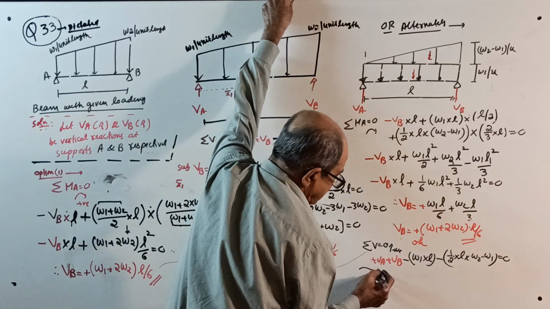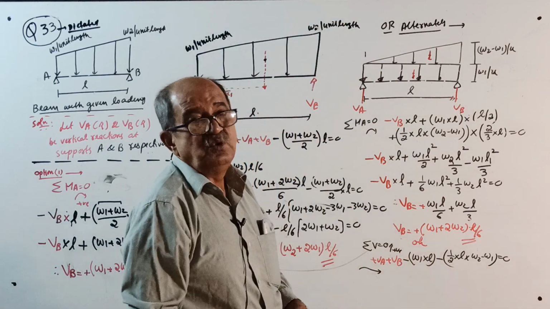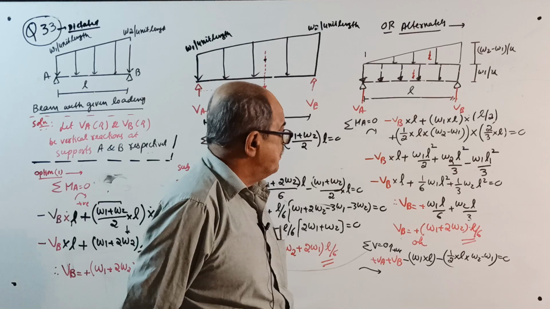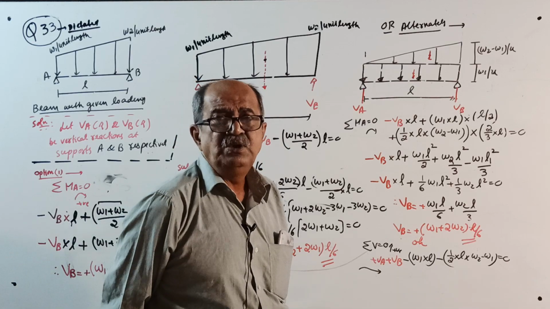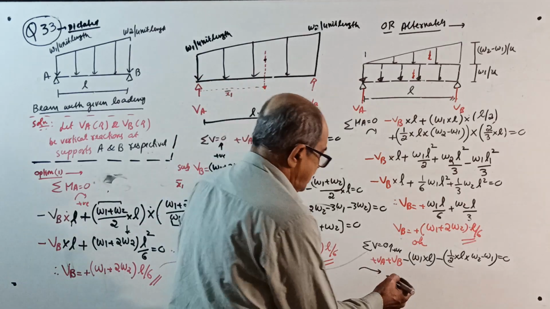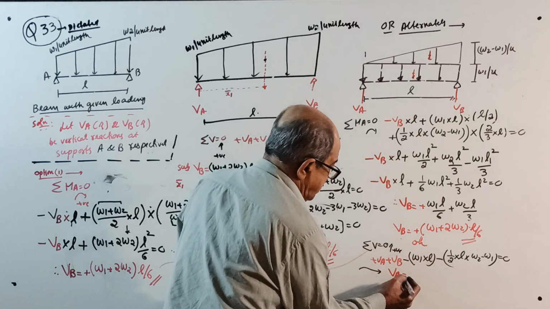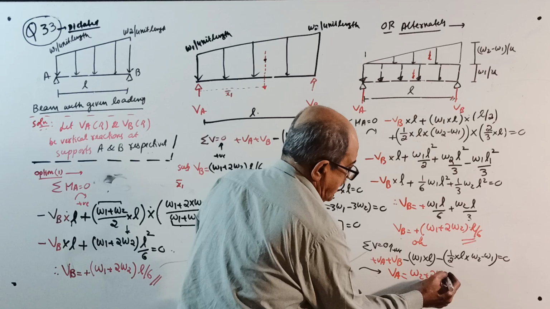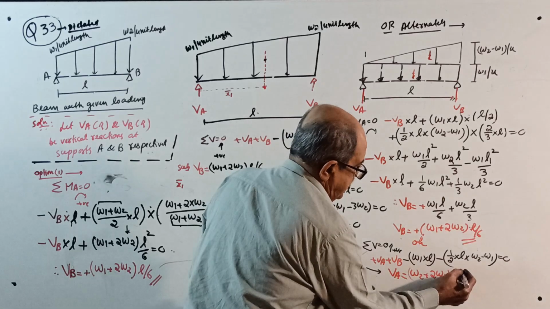Now you write here, space is not there. You should do that much work. Substitute VB equal to W1 plus 2W2 into L by 6. You will get your VA equal to, my guarantee, W2 plus 2W1 into L by 6.